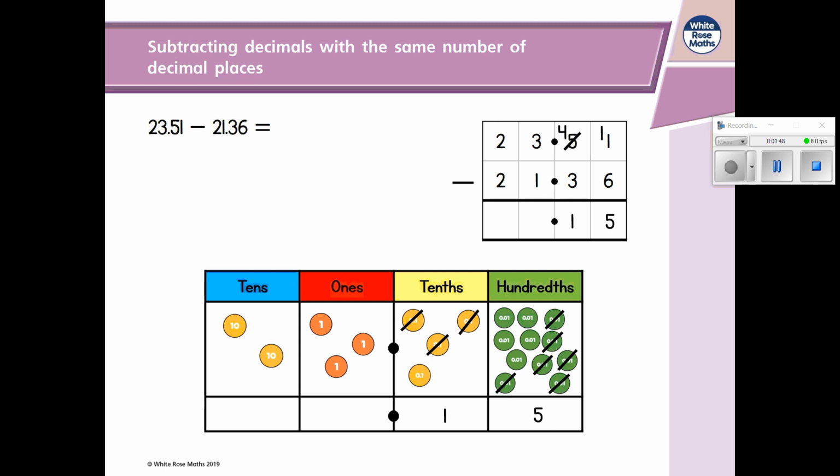Now let's look at the ones. 3 ones subtract 1 one. This is equal to 2 ones. And finally the tens. 2 tens subtract 2 tens is 0 tens. So 23.51 subtract 21.36 is equal to 2.15.